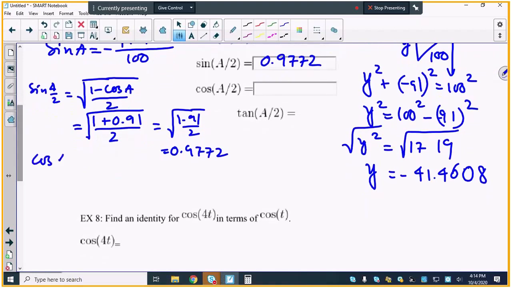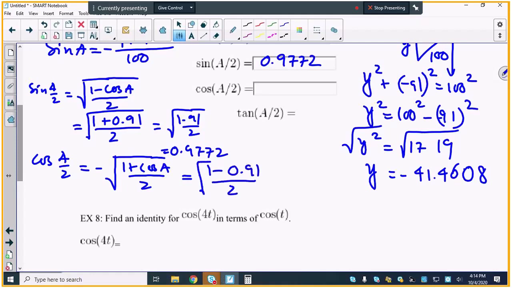Now this is going to be negative. Why? Because a over 2 is in the second quadrant. So minus the square root of 1 plus cosine a over 2. And I know cosine a is negative, so I get 1 minus 0.91 over 2, which is the square root of 0.09 over 2. The rest I will do in the calculator.